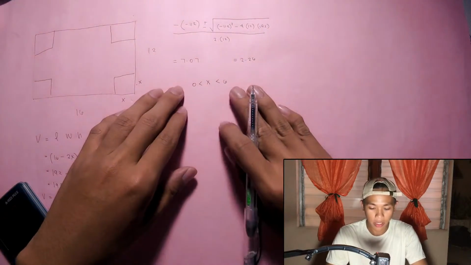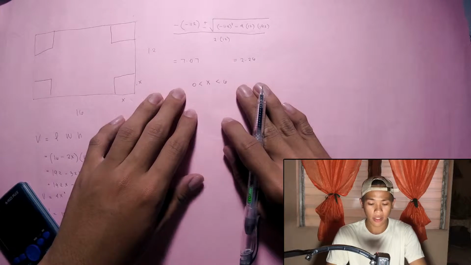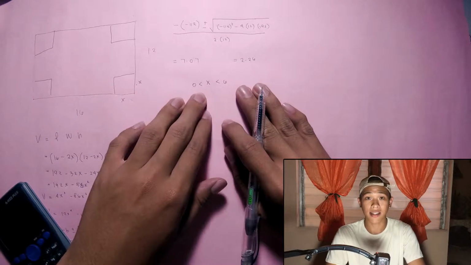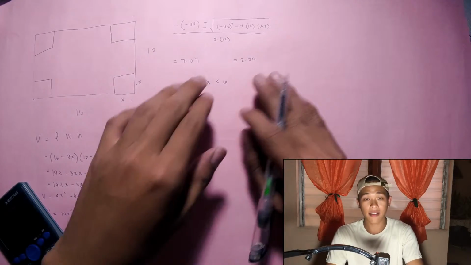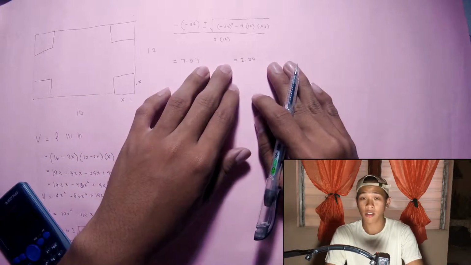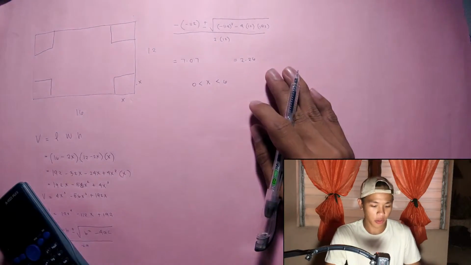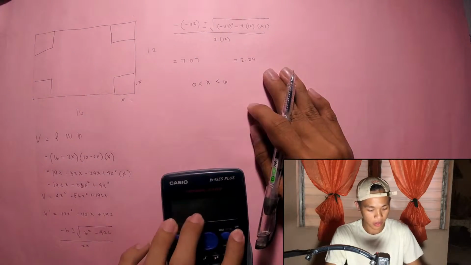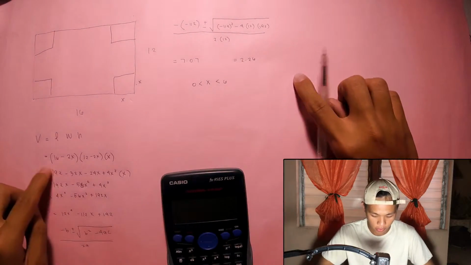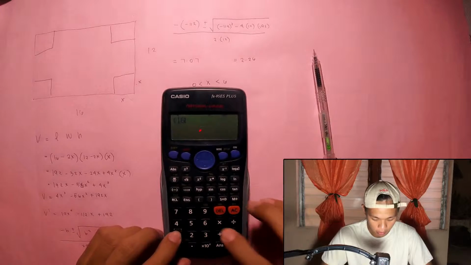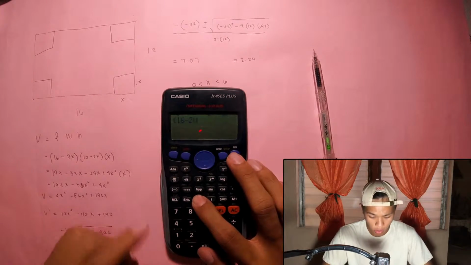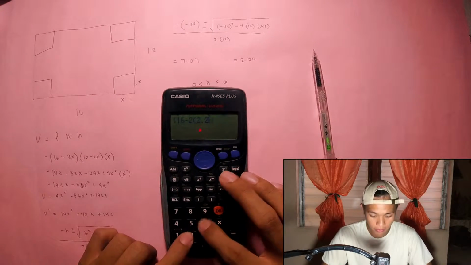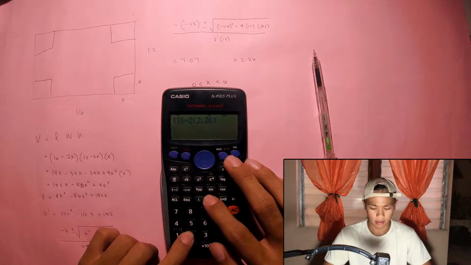What number do we have that is less than 6 but greater than 0? It's 2.26. So right now, let us try to solve for 2.26. Let us use this formula: 16 minus 2 times 2.26, the value of our x.